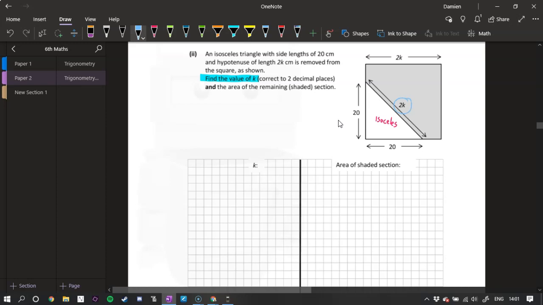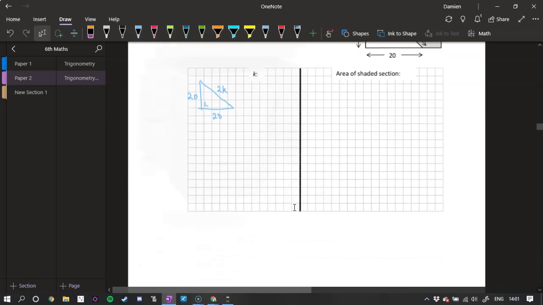So what we've got here is a right angle triangle where we know two of the sides, 20 and 20, but we don't know the hypotenuse, which is 2k. So we basically have the theorem of Pythagoras here. Your hypotenuse squared is equal to the other two sides squared and added together.